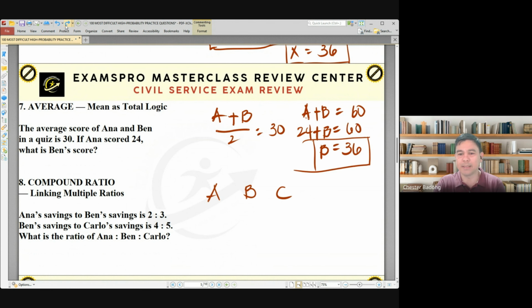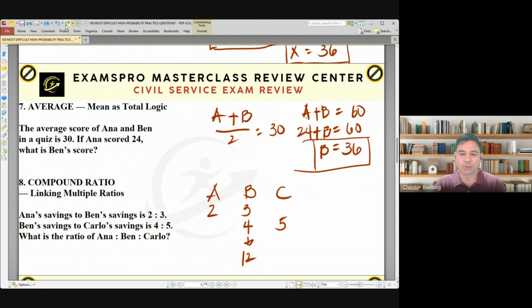A, B, and C. Anna's to Ben's, that's 2 is to 3. Ben's to Carlos', that's 4 is to 5. Kailangan natin magkaroon ng common sila. Ang common sa kanila is Ben's ratio. 3 and 4. Kunin po natin ang least common multiple. Then, that's 12.